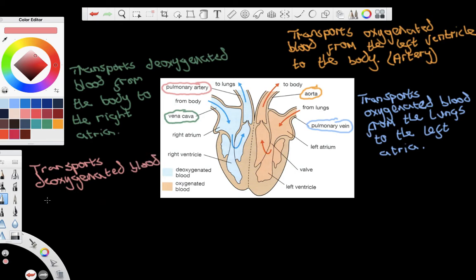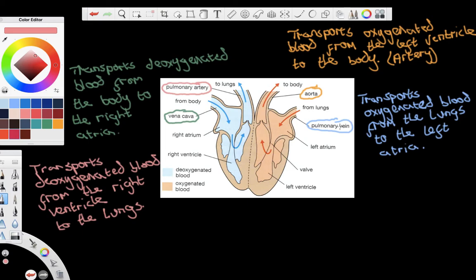Okay, so these are the main blood vessels you need to know about.